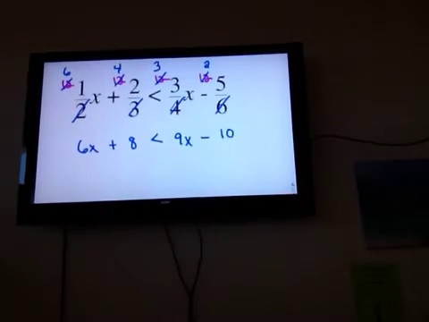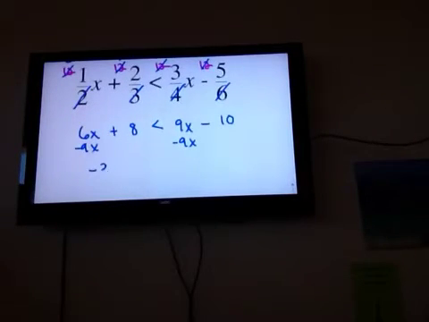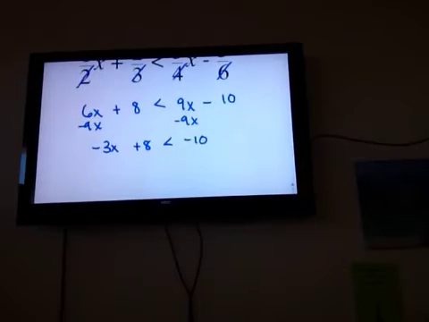Let me finish this out, and then I'll talk about the other way of doing that. So we're going to first subtract our 9x. And I have -3x plus 8 is less than -10. Anna Eckelkamp, what is my next step then? Minus the 8. So -3x is less than -18.